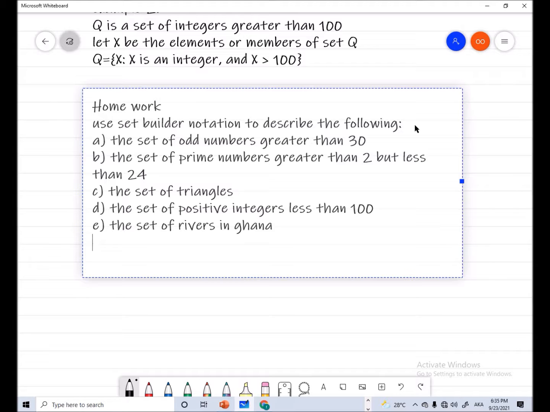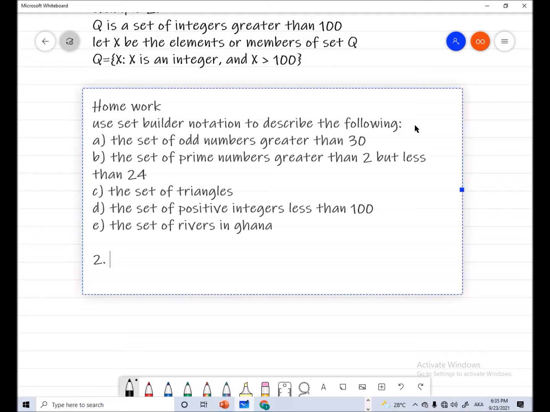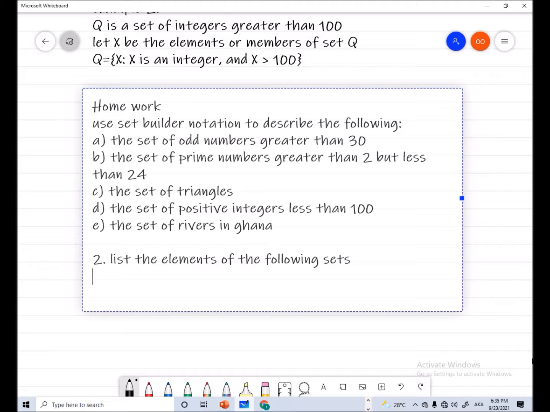Now write question 2. List the elements of the following sets. Very simple.